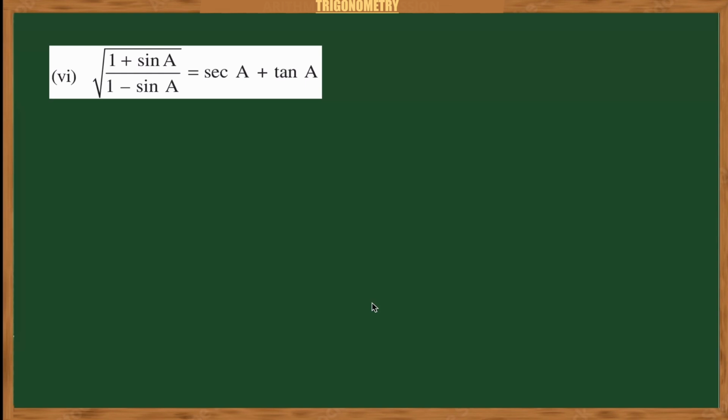Okay, students, let's move to the next question. Here you have, in the form of a root, root of 1 plus sin A divided by 1 minus sin A is equal to sec A plus tan A. Whenever you get this form, try to simplify it by removing the root, by rationalizing.